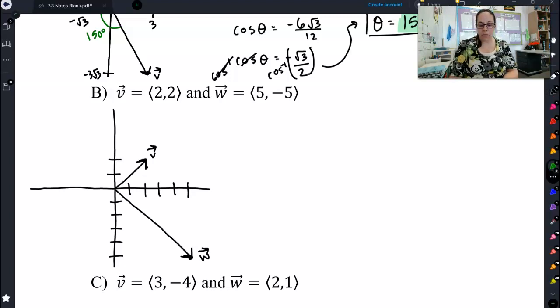And remember, with how your calculator is programmed, it's going to give you the smaller angle between these two vectors because this one is greater than 180 and our cosine is only quadrant 1 and quadrant 2. It's between 0 and 180. So I want you to use the same equation we just did, do the dot product divided by the magnitudes, take arc cosine of both sides, and solve for what that angle is between these two vectors. Then come back and check your work.